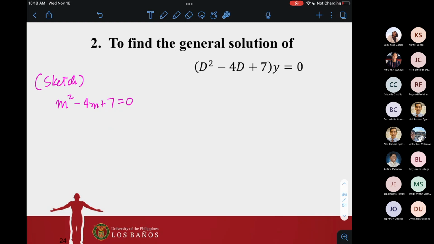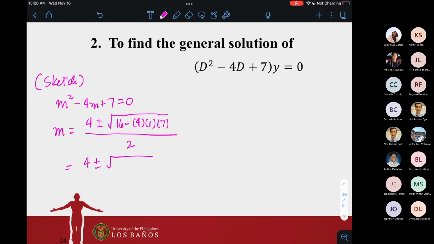Applying the quadratic formula gives us the following solution. It's going to be 4 plus or minus the square root of 16 minus 4ac, all over 2a. So that's 4 plus or minus, what? We'll have 28. So 16 minus 28 is negative 12, over 2.